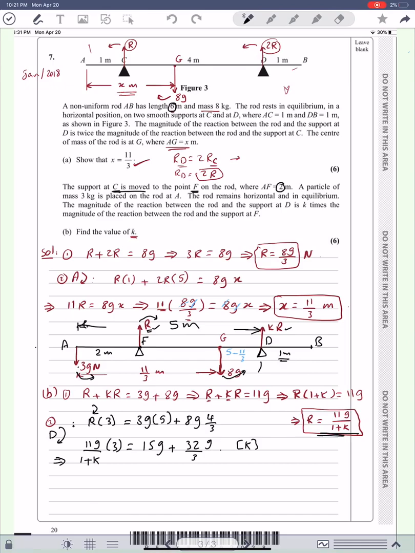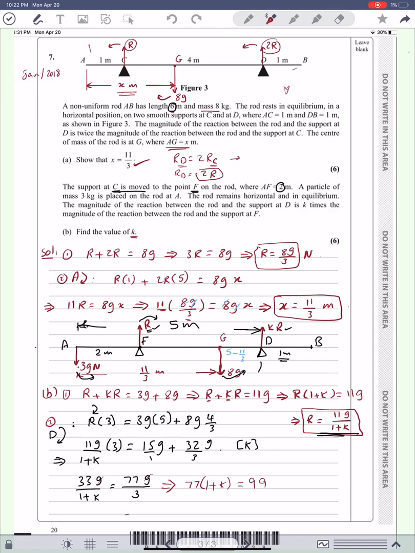So this is 33g over 1 plus k is equal to 45g plus 32g over 3. Of course, we make the denominators the same, which gives 77g/3. G with G gone. So this implies that 77 times 1 plus k is equal to 3 times 33, which is 99.